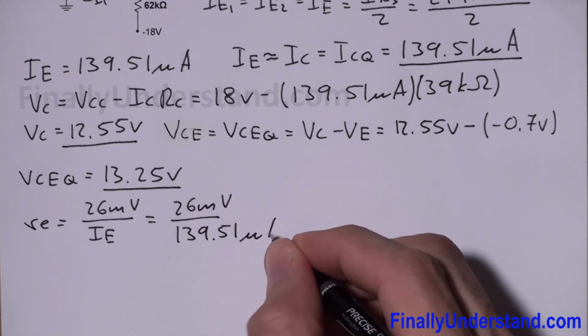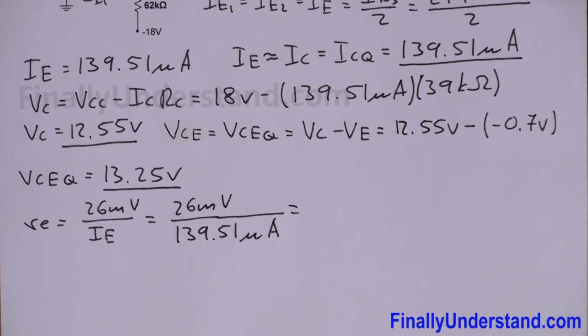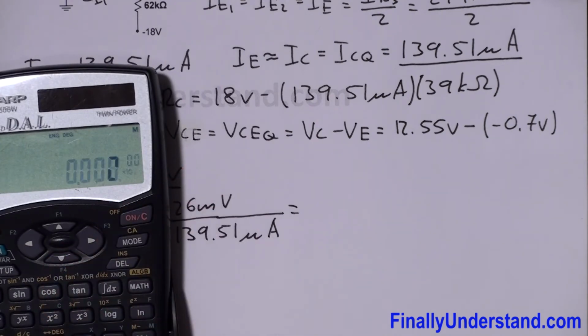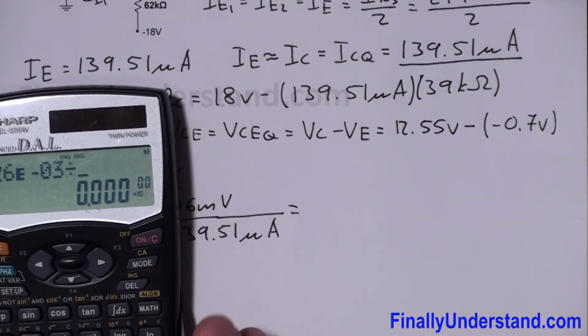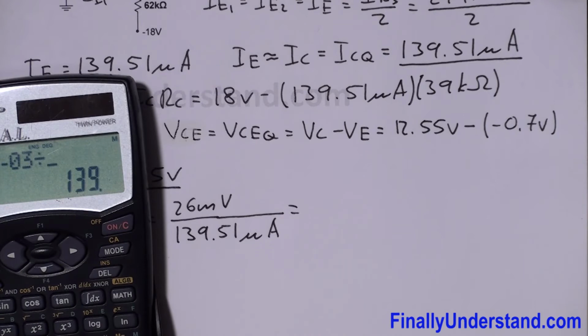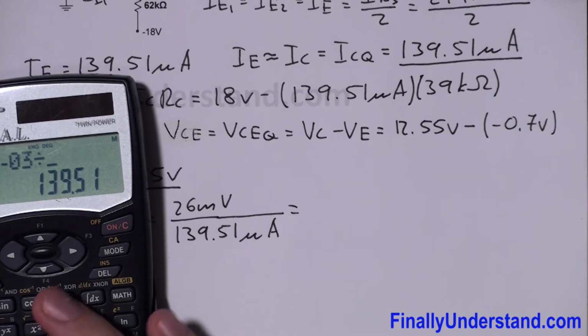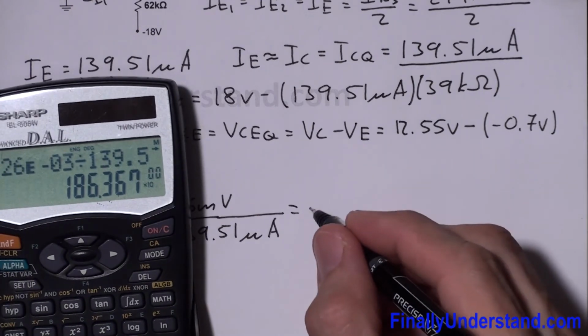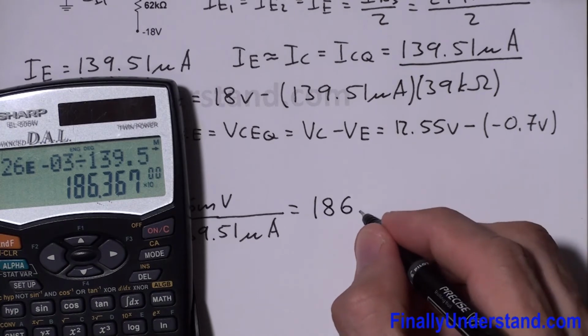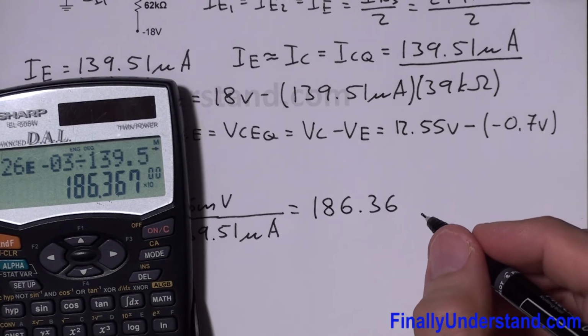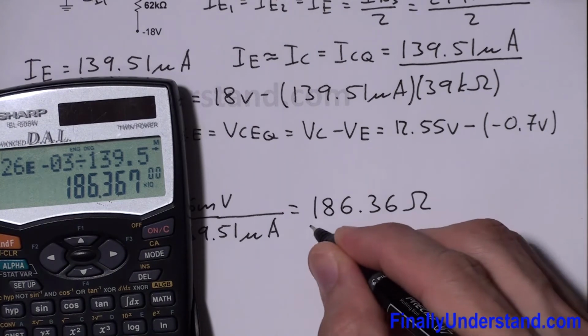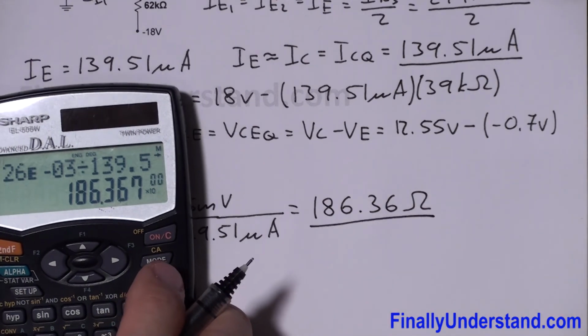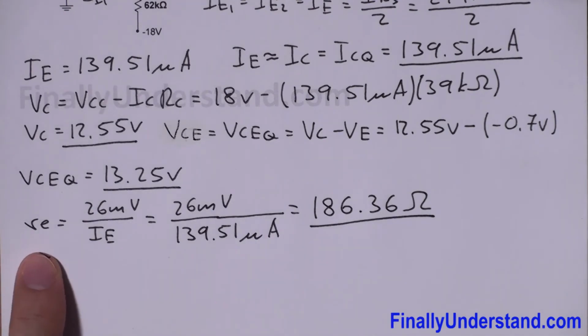I have 26 exponent 3 negative divided by 139.51 exponent 6 negative. This is equal to 186.36 ohms. Okay, so this is the AC emitter resistance re.